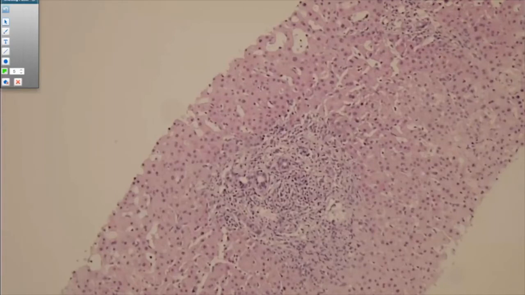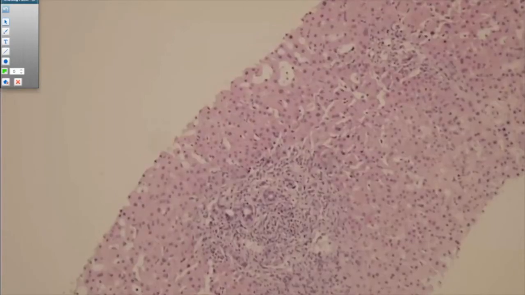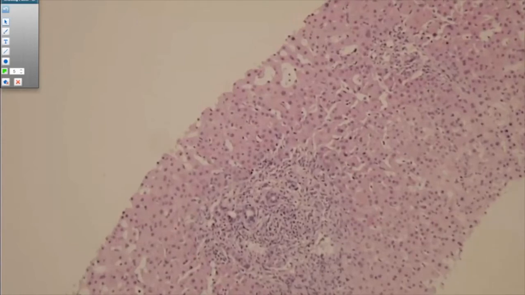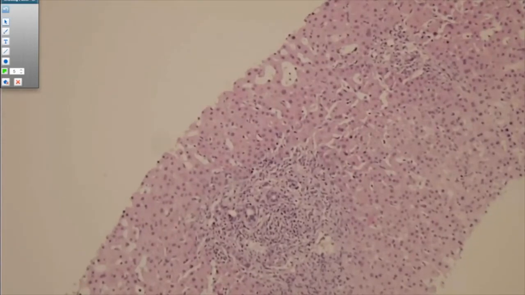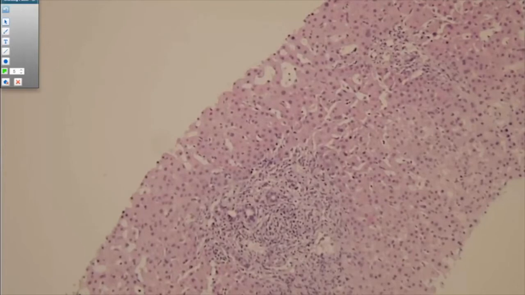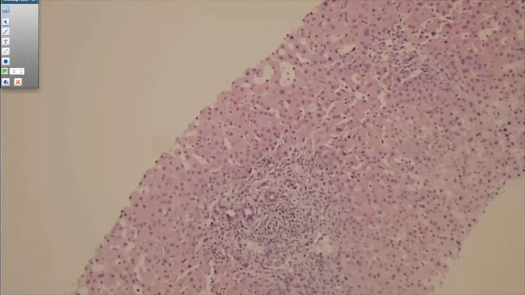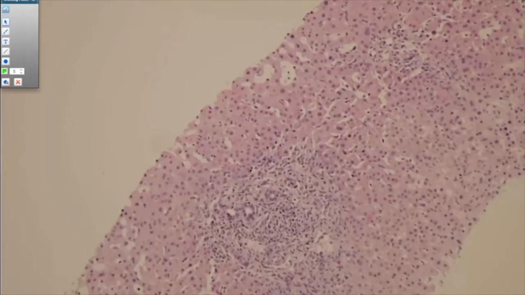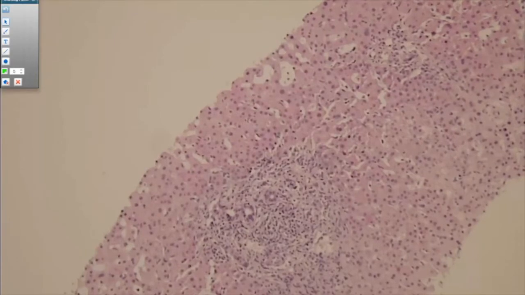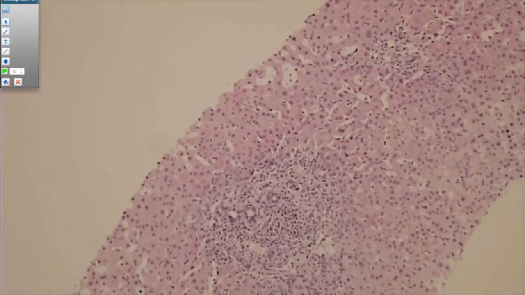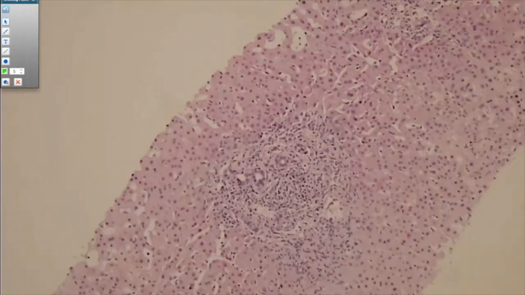In mild rejection, you can see histologic changes in focal areas. In moderate, you can see this inflammation pretty much everywhere. And in severe, you can see hepatocyte necrosis or other more severe findings. So let's look at this portal triad in more detail.